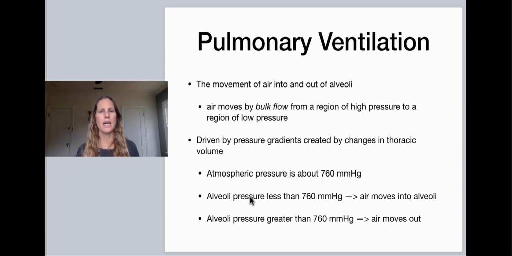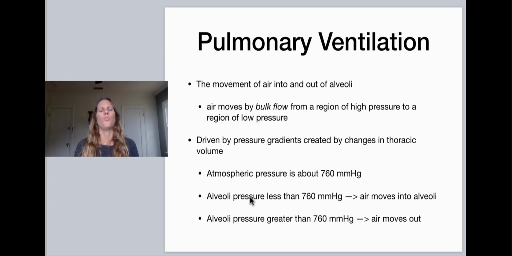Our respiratory gases, CO2 and O2, will always move via bulk flow, because they're lipid soluble, from a region of high pressure for that gas to a region of low pressure for that gas. The pressure gradients are created by changes in the actual physical shape of the thoracic cavity.